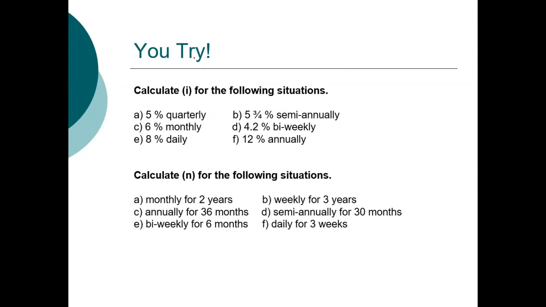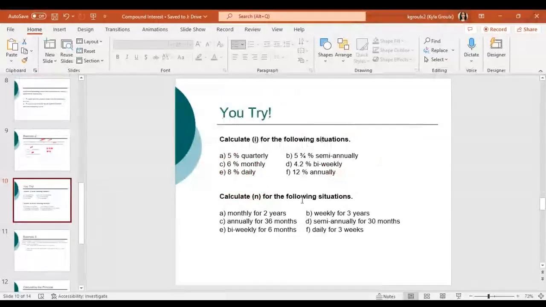So this is usually where I have students try to calculate I for the following situations. So I'm just going to check and see here, but I don't think I have any. Can I exit out? Don't think I have any students online.